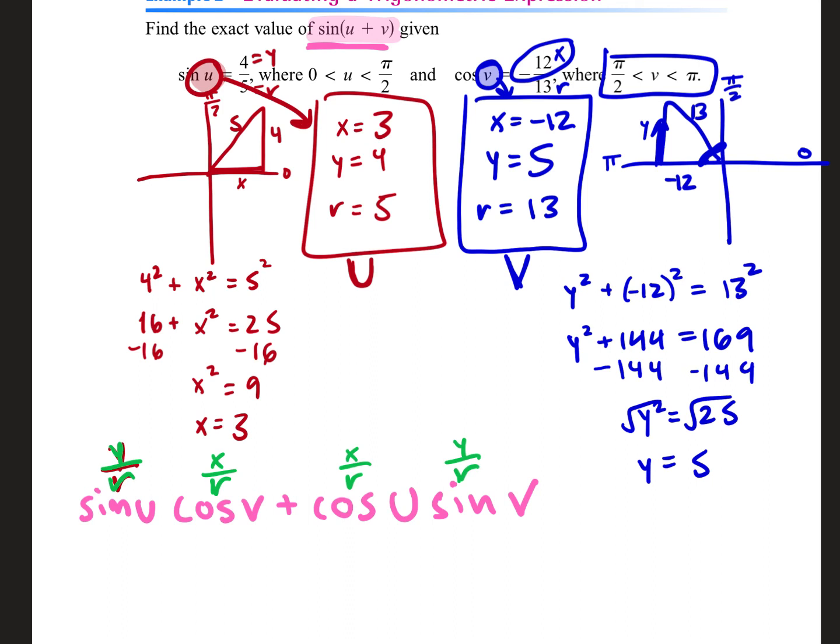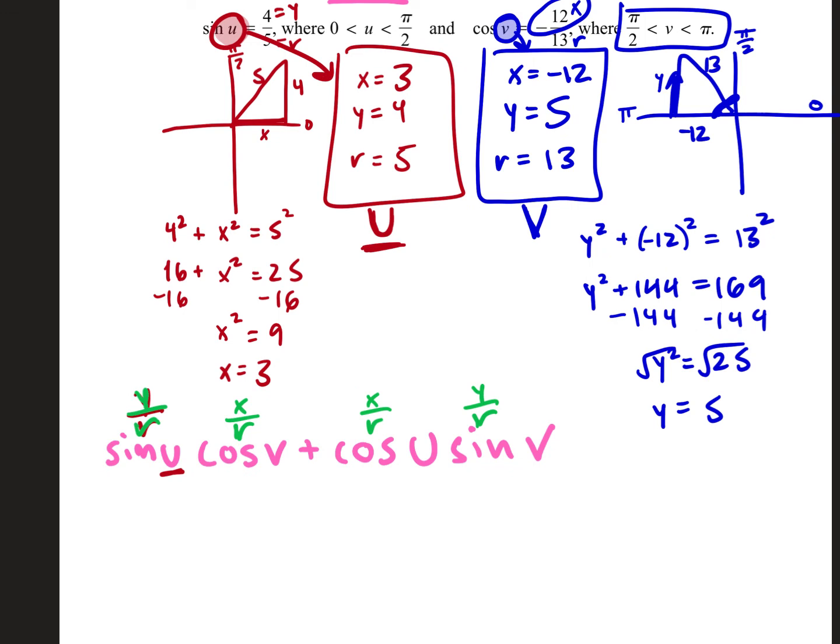Now u tells me that I need to look at my u triangle stuff here. So looking at the red box, I have y over r. So this would be 4 over 5. Now I have cosine of v, so it tells me I need to look at the blue box. So here I have x over r, so this would be negative 12 over 13.